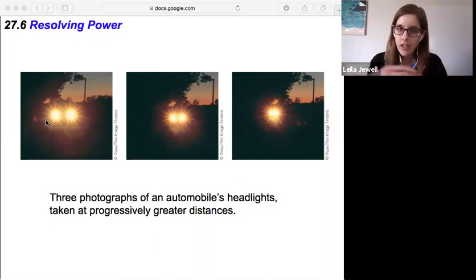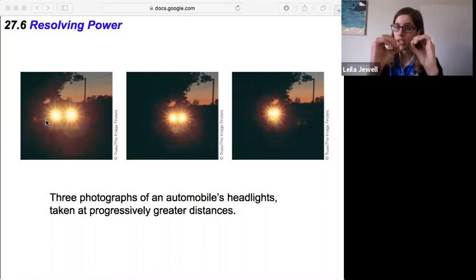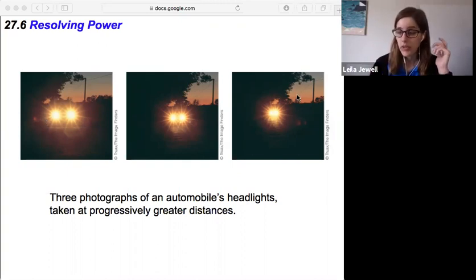But when it's far off, it's pretty hard to tell if it's a motorcycle or just a car that's really far away. And so resolving power says, how close or how much do you need to be able to see in order to tell if there are actually two headlights or if it is just one and that's all there is.